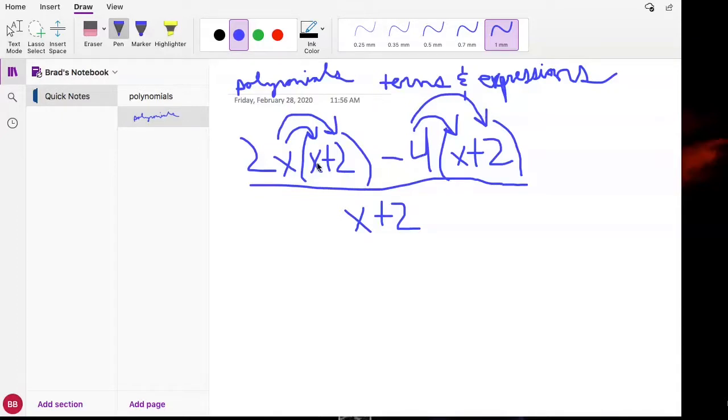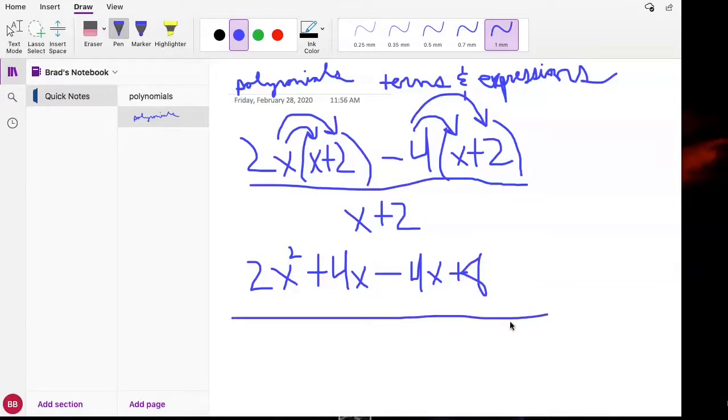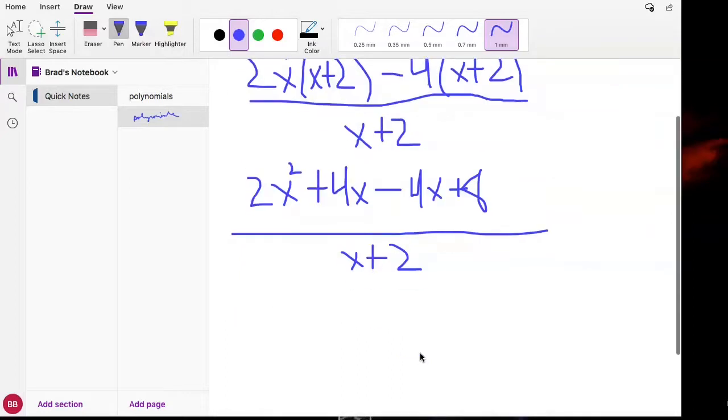Now 2x times x, remembering that x times x is x squared, so we start off with 2x squared, plus, since there's a plus inside the parentheses, 2x times 2 is 4x, minus, since we have that 4 times x, 4x, and then plus 4 times 2 is 8, all over that x plus 2.